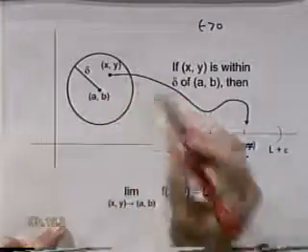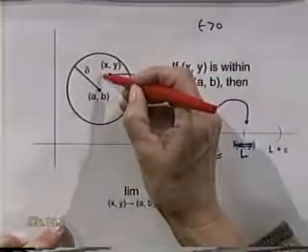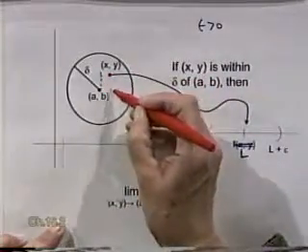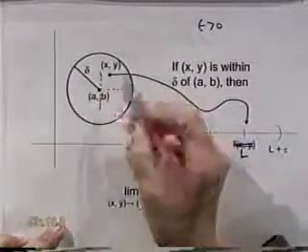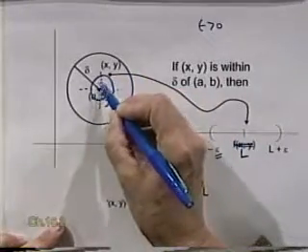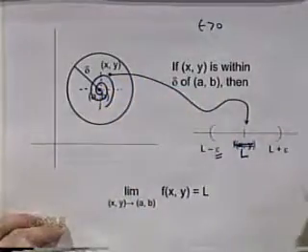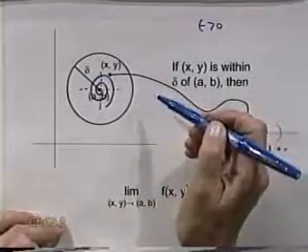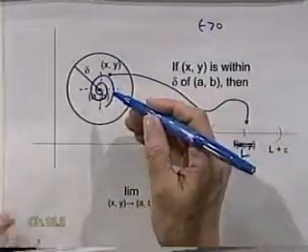Notice, with (a, b) there are multiple ways I can approach it. I can approach from above, from the right, from below, from the left. I could approach in some curve that does this. There are infinitely many different pathways I could take in 2-dimensional space in which I get closer and closer to (a, b).